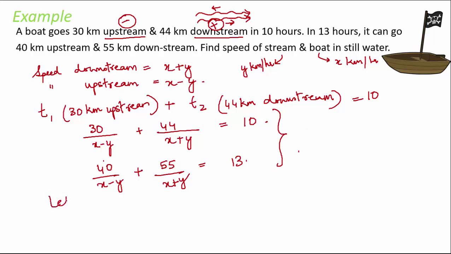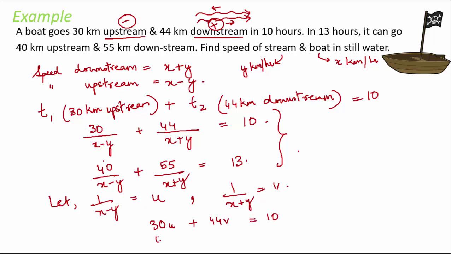In order to simplify them, let's assume that 1 by x minus y is equal to u and 1 by x plus y is equal to v. Now if we put these values, we get 30u plus 44v is equal to 10 and 40u plus 55v is equal to 13. So now we have two equations in a relatively simplified version.